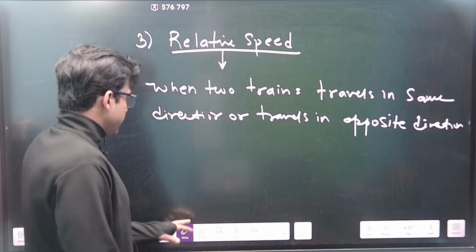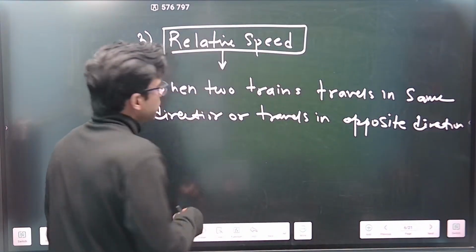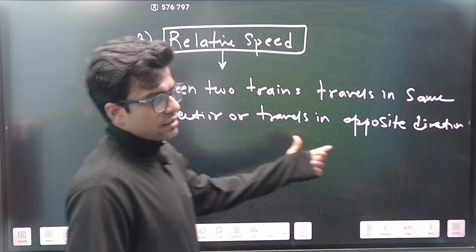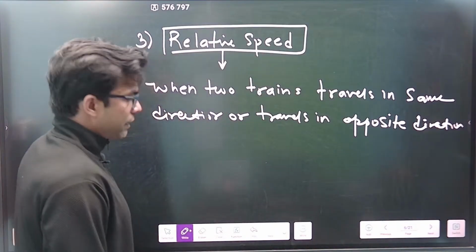Remember, guys, this is basically the concept of relative speed when two trains travel in the same direction and when they travel in an opposite direction, correct?